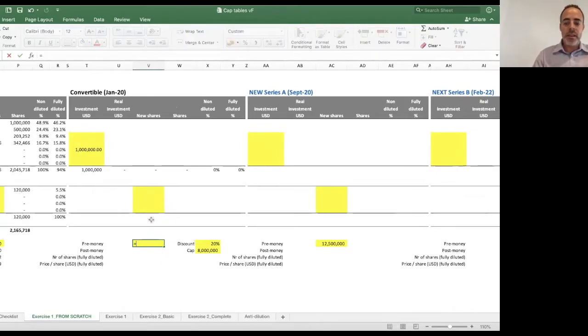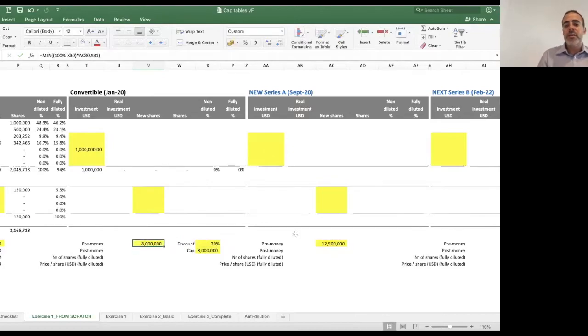I'm putting in a formula here, min, right? The smaller amount of applying this discount to this valuation, or applying the 8 million cap.